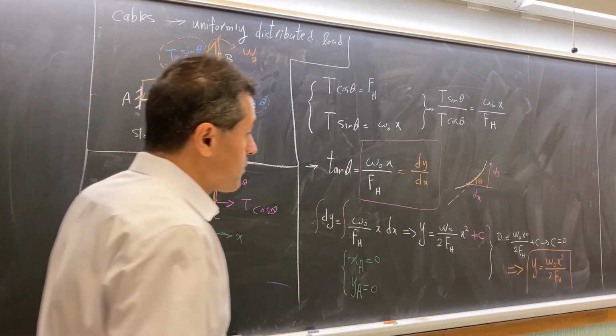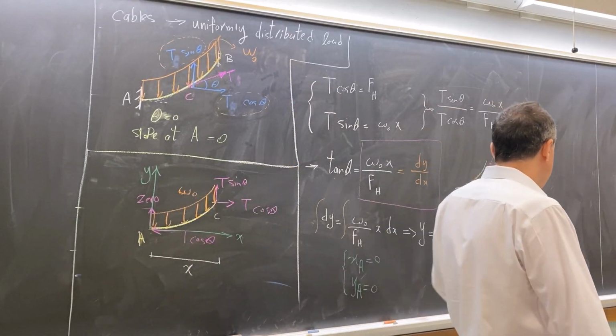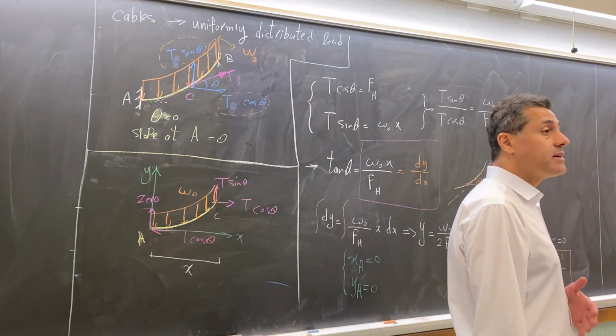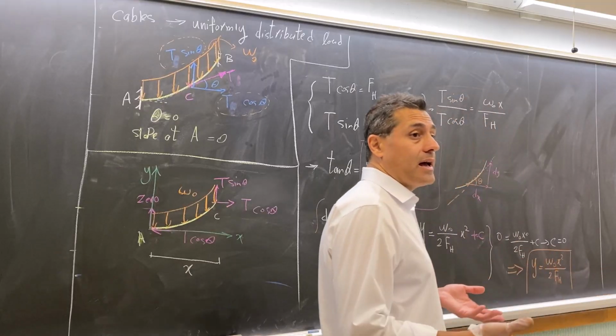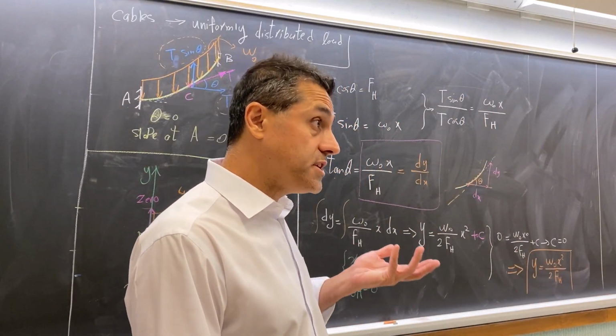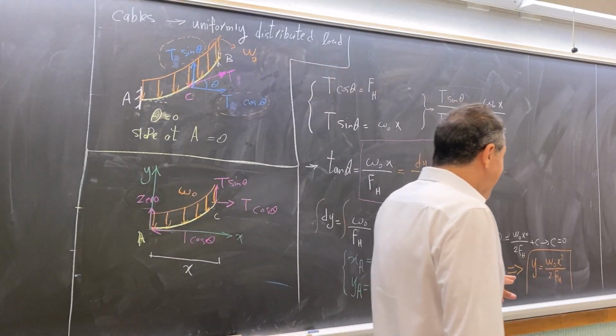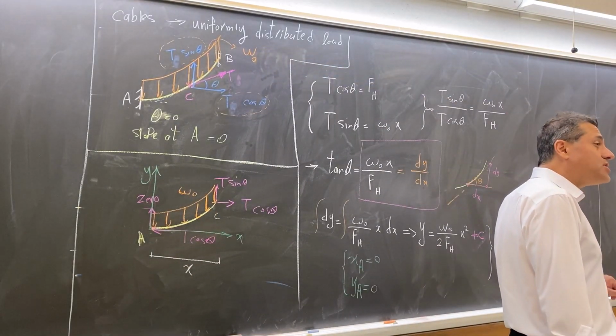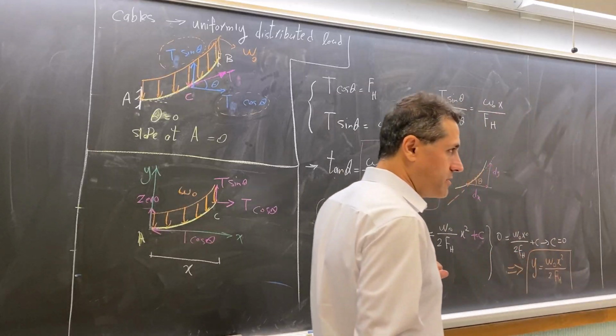It means when you solve problems, W0 is given because it is the intensity of external uniformly distributed load. It will be given in the problem. You need to find FH in some ways that I will show you.